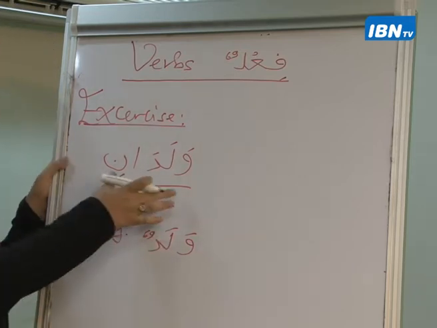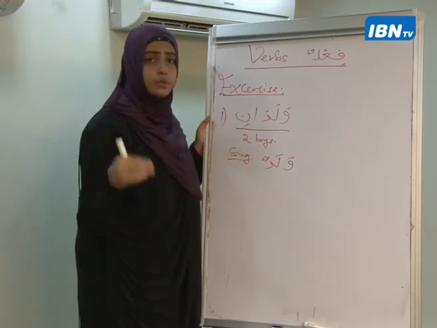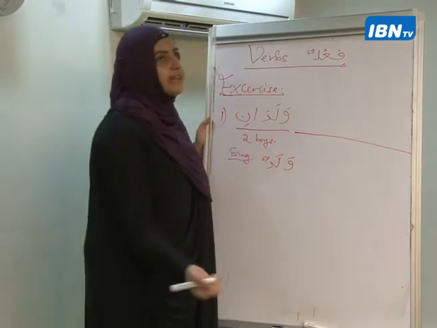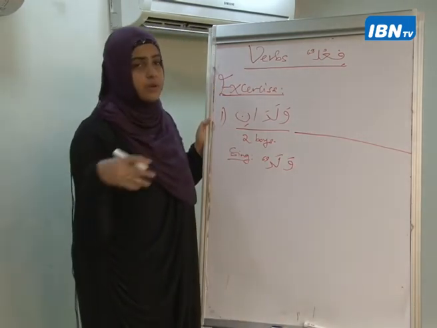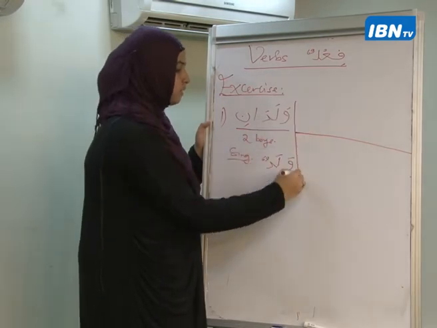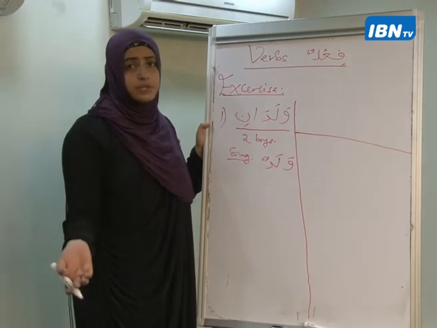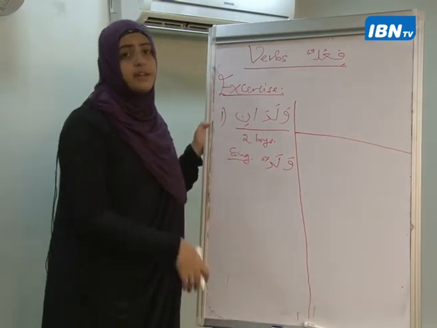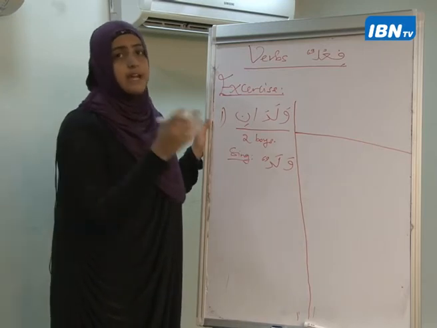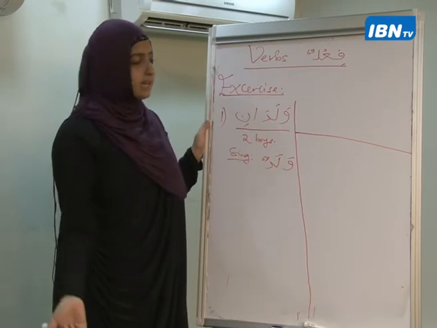Right. So I have the word here, waladani, okay? And I want you to fill in an appropriate pronoun. It could be a demonstrative pronoun or just any pronoun, right? You can just recall the demonstrative pronouns: we have hadha, hadhihi, hadhan, hatan, dhalika, and tilka.